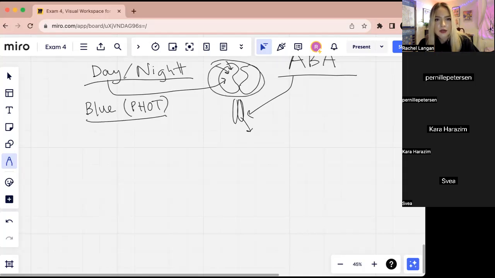And how it's going to accomplish getting water to want to move in there is by manipulating the solute concentration. So what happens? Blue light is going to be absorbed by phototropin.